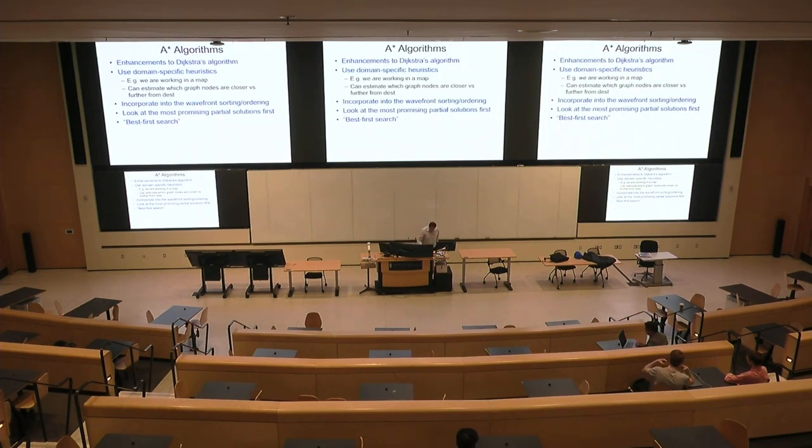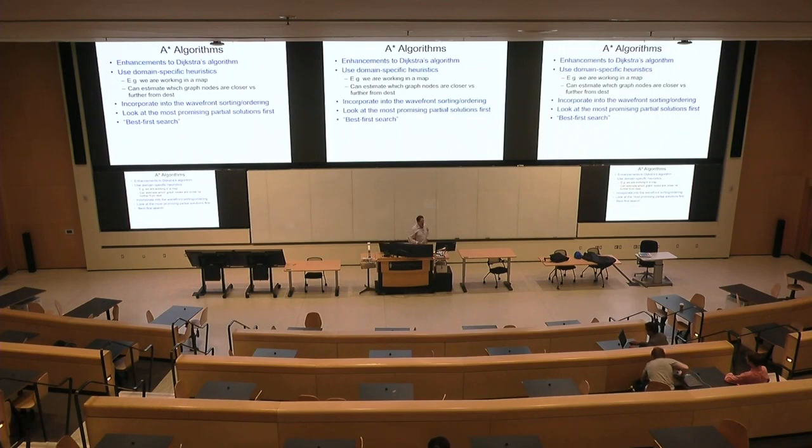The way A-star algorithms work is they incorporate this information about am I getting closer or further from my destination into the wavefront ordering. So they use it as part of their sorting of which of these nodes in my graph are more promising than others.